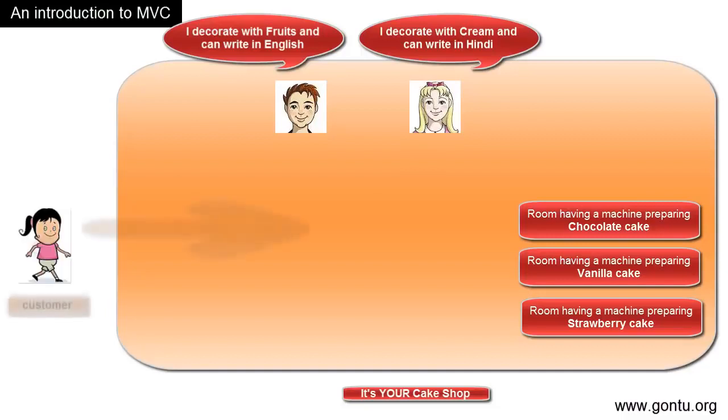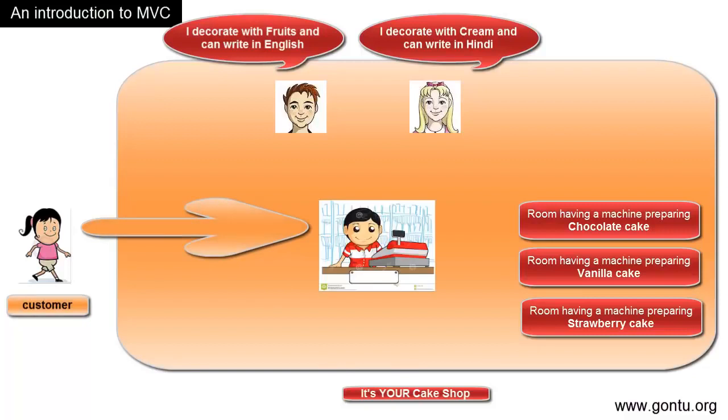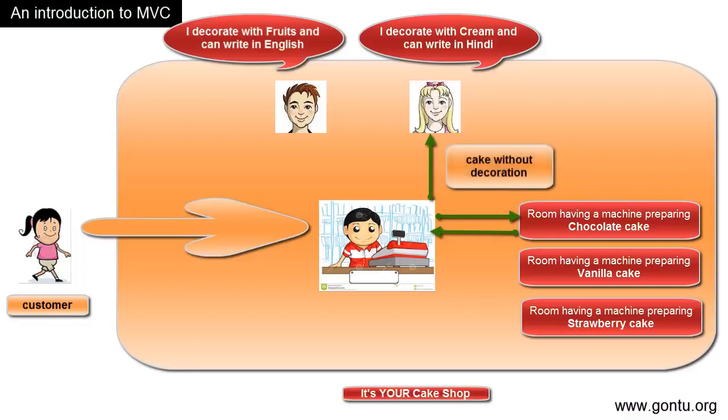Now when some customer comes to the shop, you take the request and depending on the type of cake customer wants, you delegate the request to a specific cake maker room. And once the cake is ready and you receive it, you further pass on the cake to a specific cake decorator as per customer's choice.